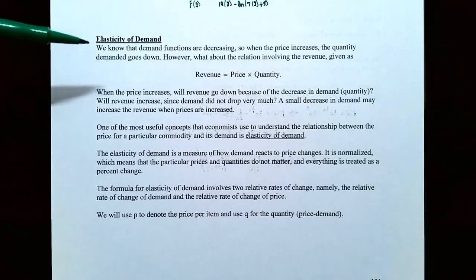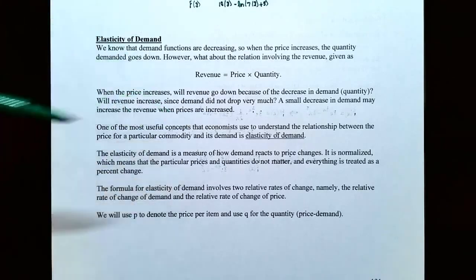So one of the more useful concepts in economics is the concept of the relationship between the price of a particular commodity and its demand, and this is called elasticity of demand. This elasticity of demand is a measure of how demand reacts whenever the price changes. And it's normalized, which means that at particular prices, quantities do not matter, and everything's treated as a percent.